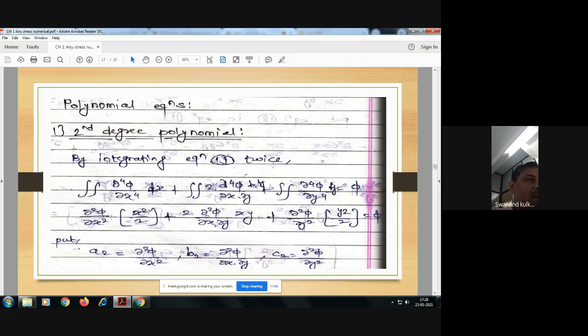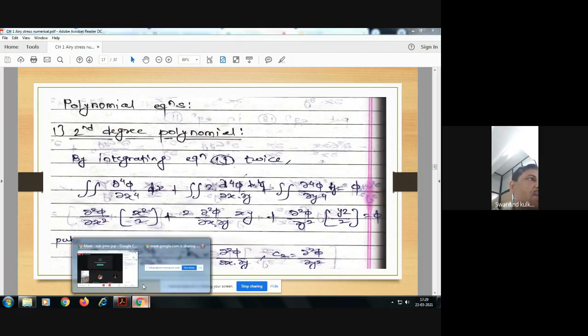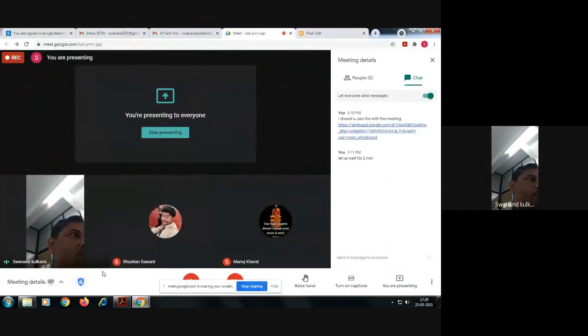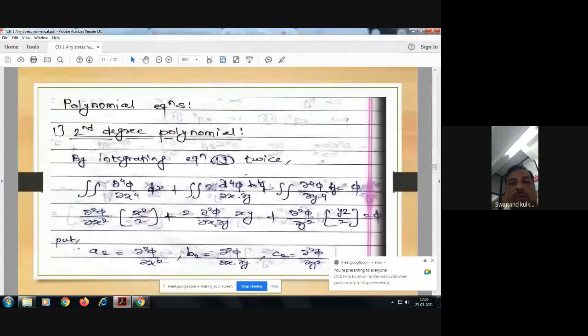Similarly, for the last term, when we try to take the integration here, this is also a fourth degree term. So with this fourth degree term ∂⁴φ/∂y⁴, and this is with respect to dy.